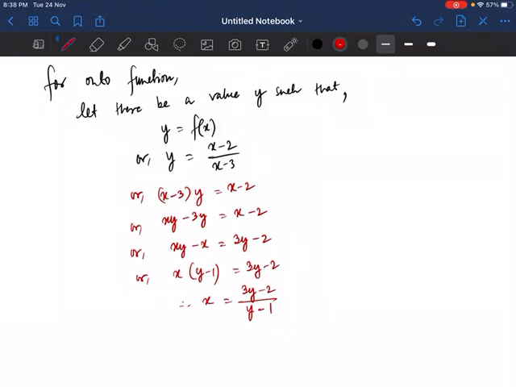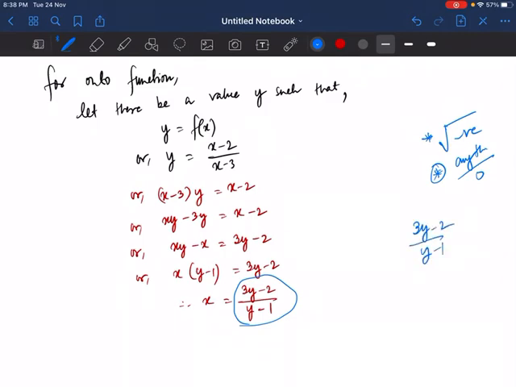Now if you look at this value carefully, we see that there are two conditions when the function becomes undefined. The first one was square root of a negative number, and the second was anything divided by 0. But if you look at this one carefully, we have (3y minus 2) divided by (y minus 1).